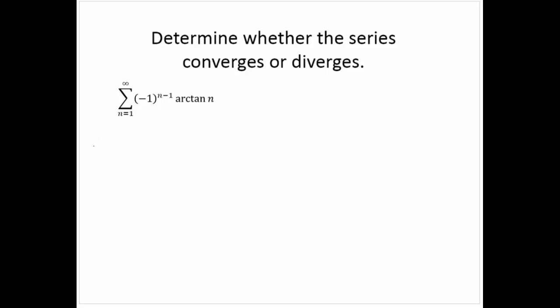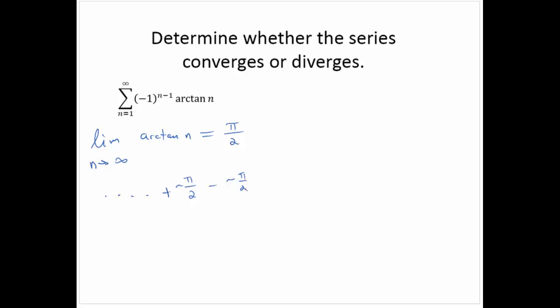let's look at the limit first. The limit as n approaches infinity of arctangent n is not 0. It's in fact pi over 2. And so if you think about this, as n approaches infinity, you have a bunch of terms, and then since it's an alternating series, you're adding a number close to pi over 2, and then you're subtracting a number close to pi over 2.